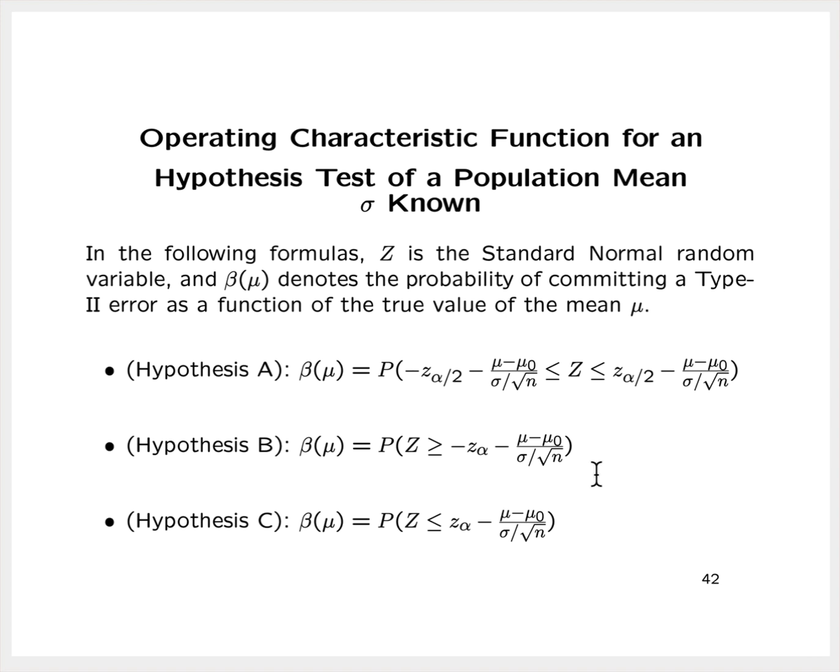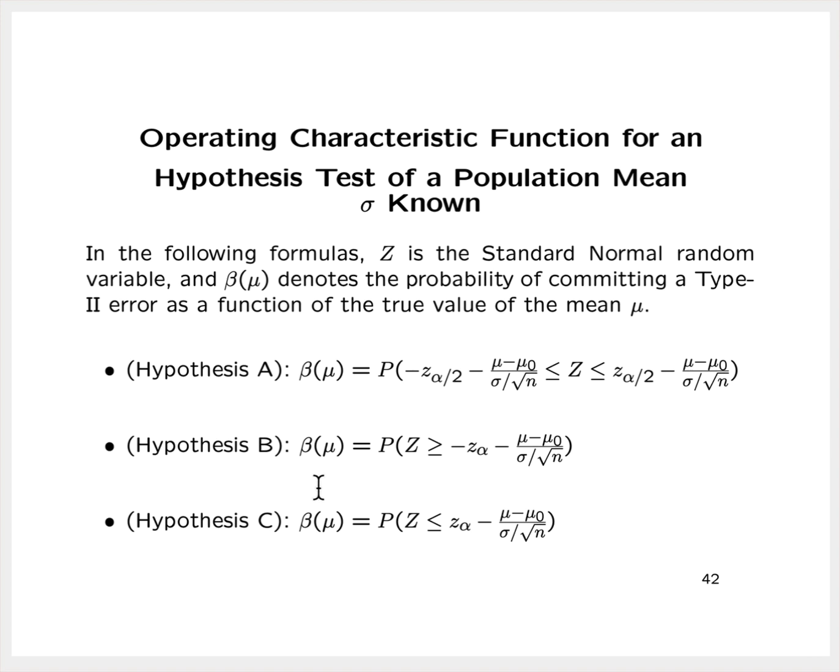So if we were being technically and notationally completely correct, we would have a list of arguments, not only mu, but we would have alpha and sigma and n and so forth. So you can see that the notation would tend to get somewhat cumbersome.